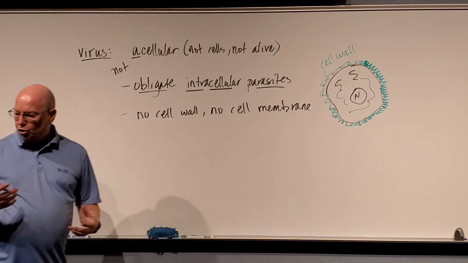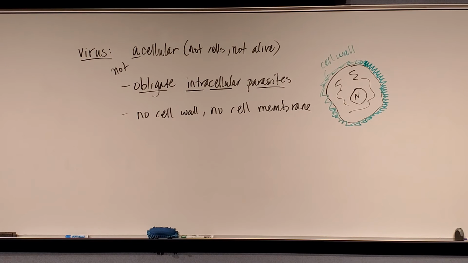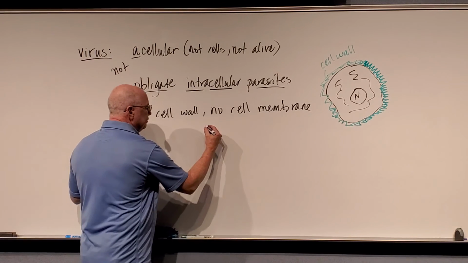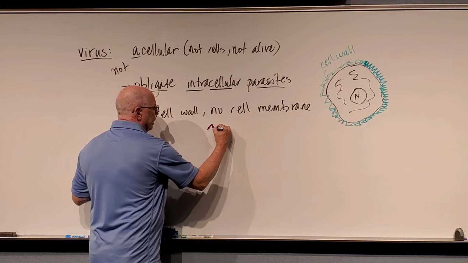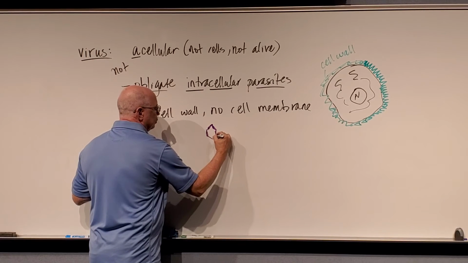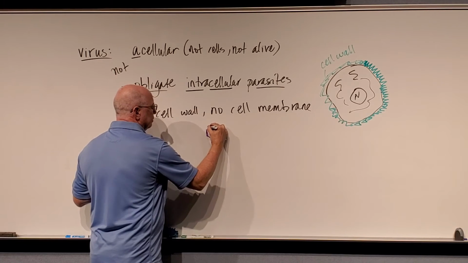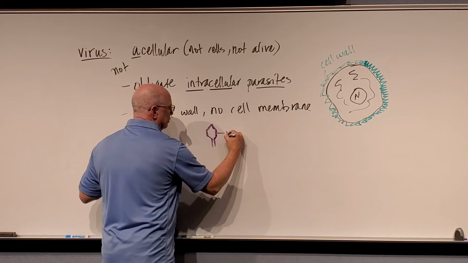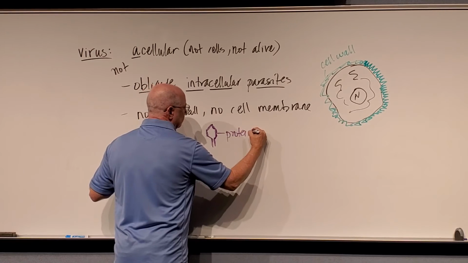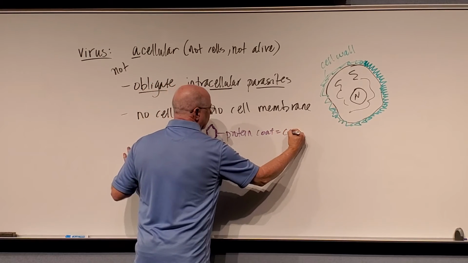Viruses have a little coat of protein. Let me grab another color here. All these little protein molecules can come together and form an outer surface that's made out of proteins, called a capsid.